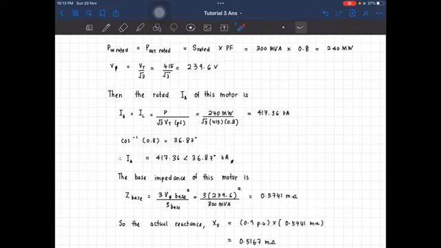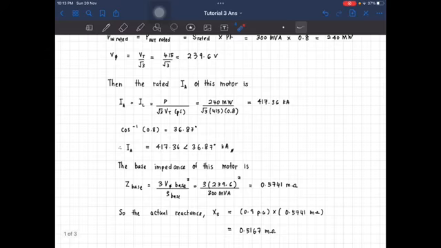And then we find inverse cos of 0.8, we got 36.87 degree. So IA equal to 417.36 with 36.87 degree kA.